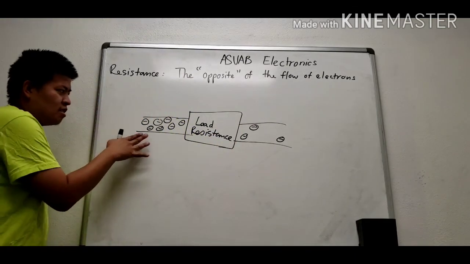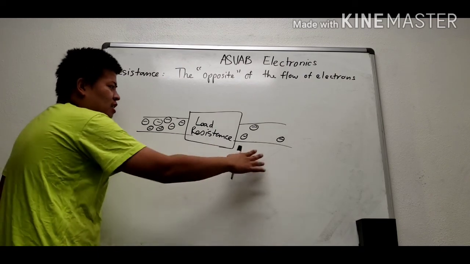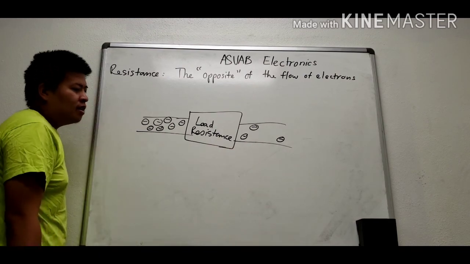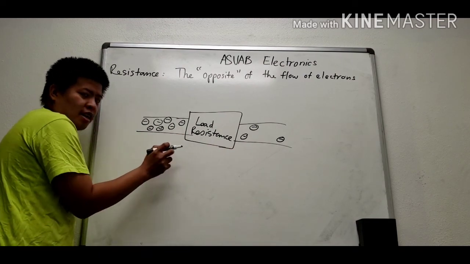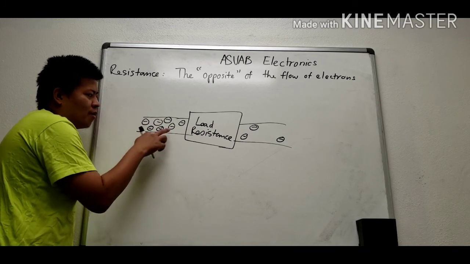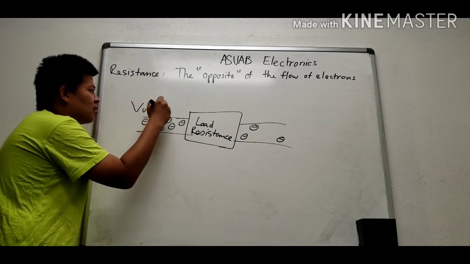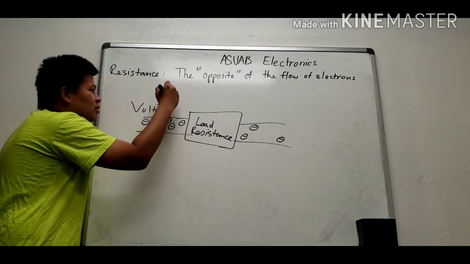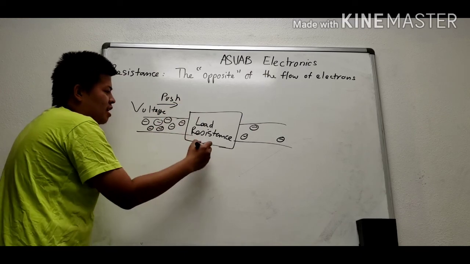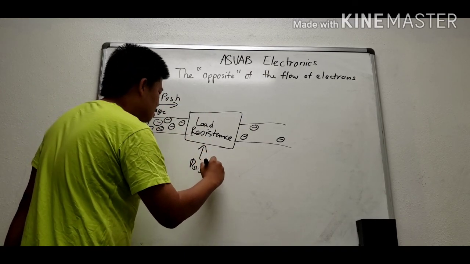You see that in here we have so many electrons on the left side, and on the right side we have fewer, because the resistance in here restrains a lot of the pressure of the electron. The voltage in here just pushes, and in here they just resist.